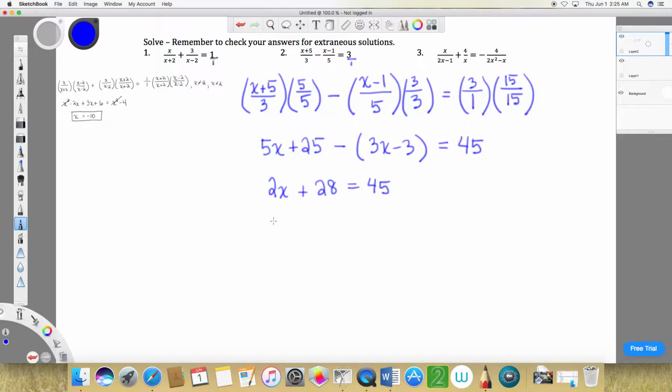And now if we subtract 28 from each side, we've got 45 minus 28, which gives me 17. And so I'm getting a solution of half of 17, 17 over 2.